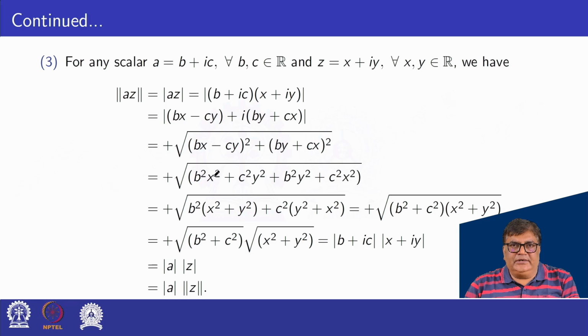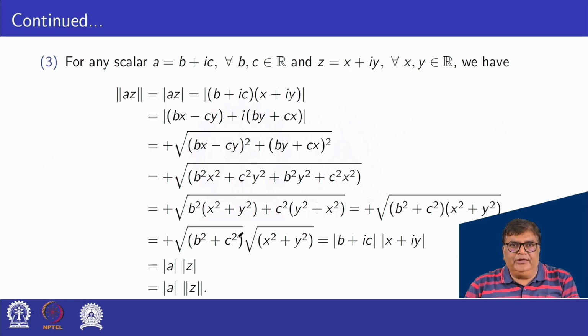Taking this term and this term, common b square, x square plus y square. From this and this term, we take the common c square, we have y square plus x square. Again, we have two terms, so common x square plus y square, and another term b square plus c square.